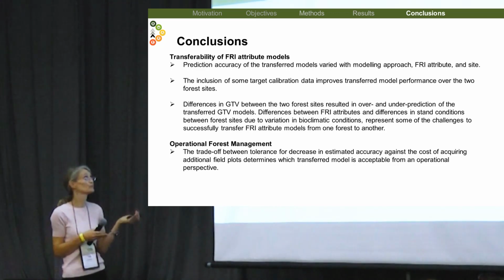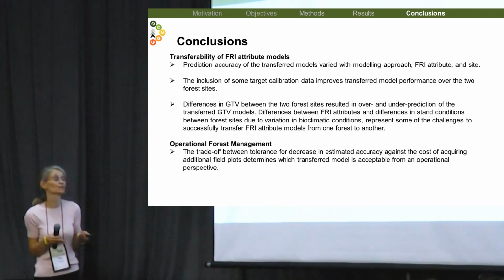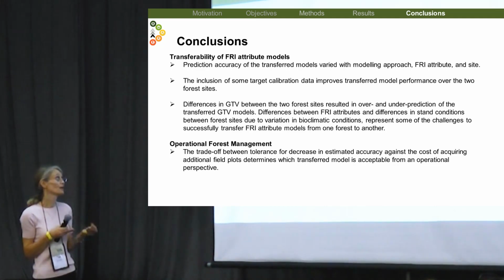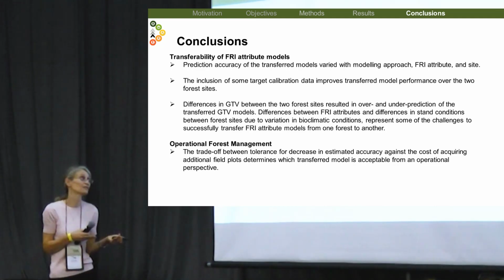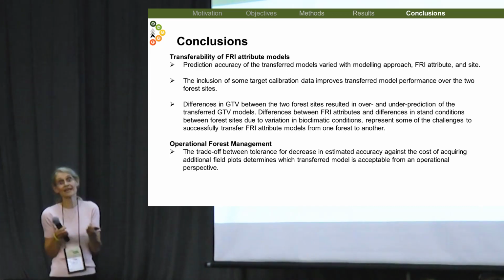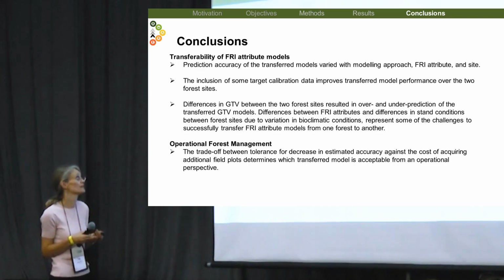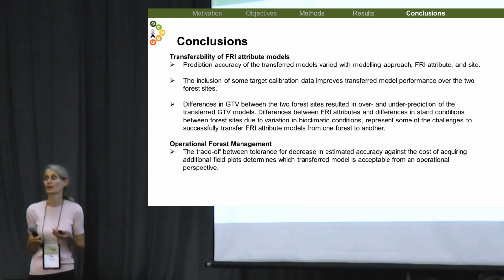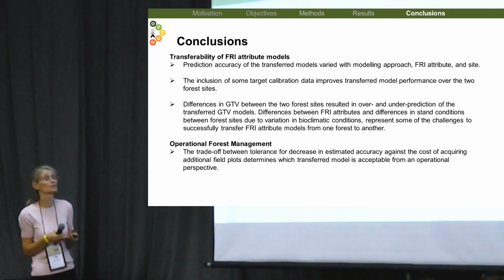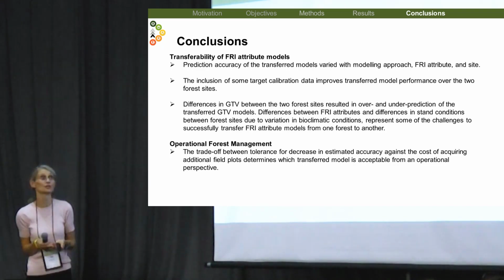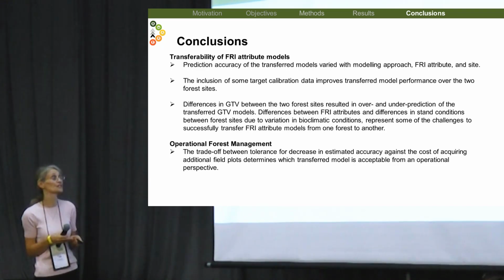And so in terms of operational forest management, there is this trade-off between the tolerance for estimated accuracy that you have, against the cost of acquiring additional field data. So when are the models acceptable from an operational perspective, that's a trade-off that you have to consider.